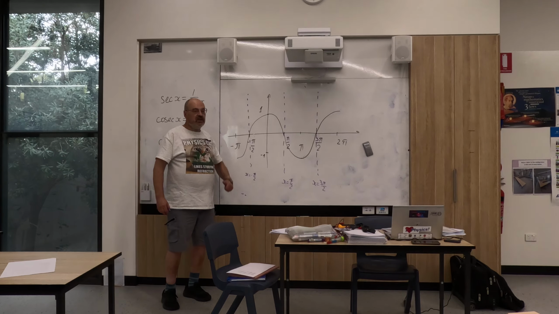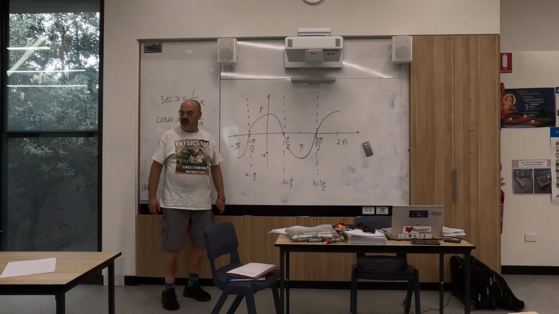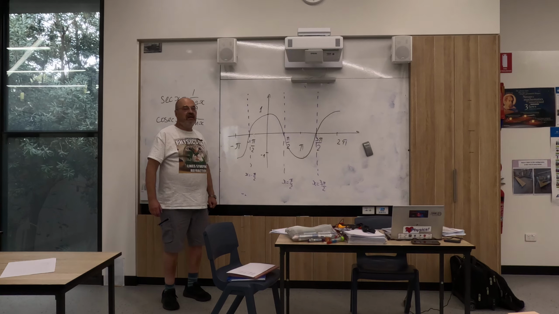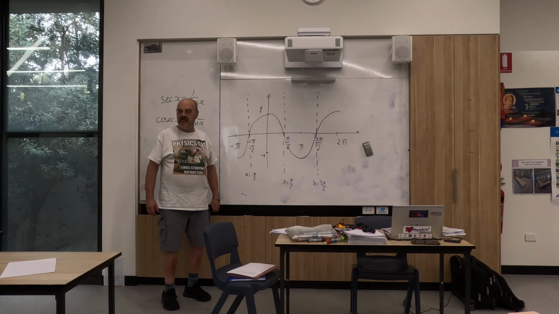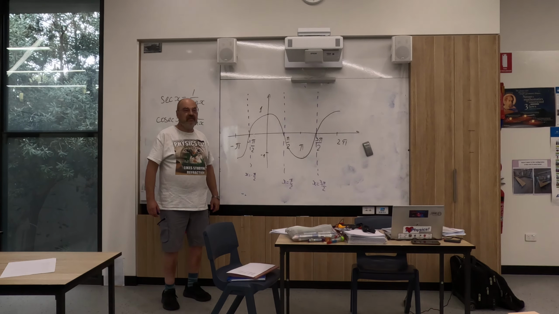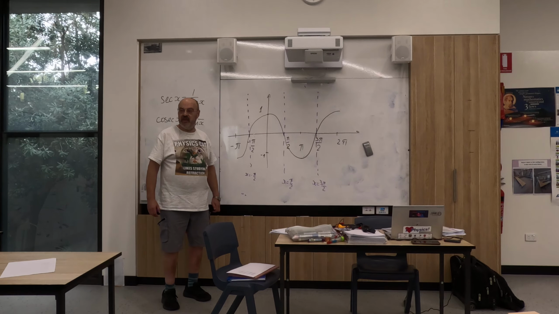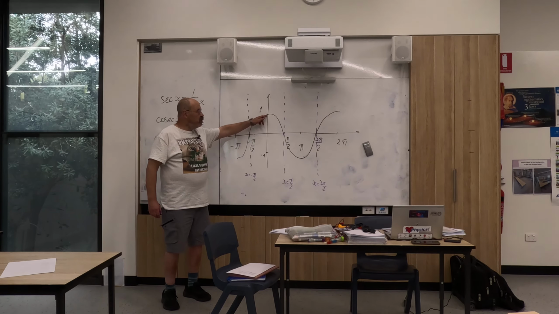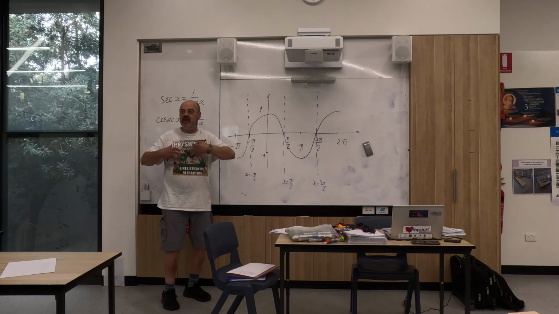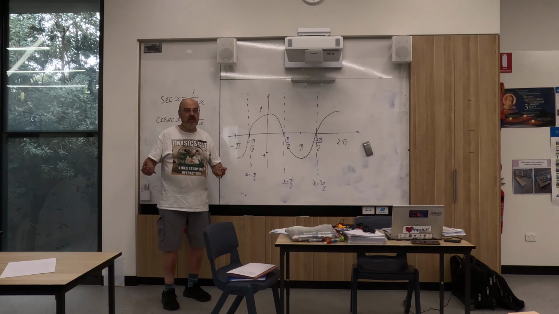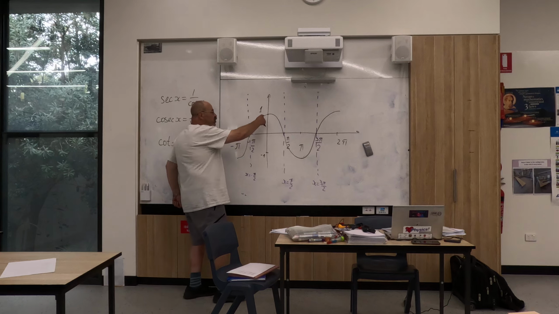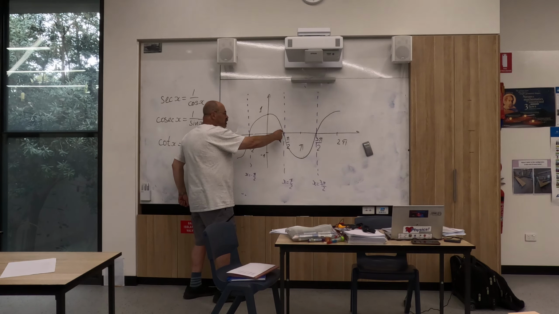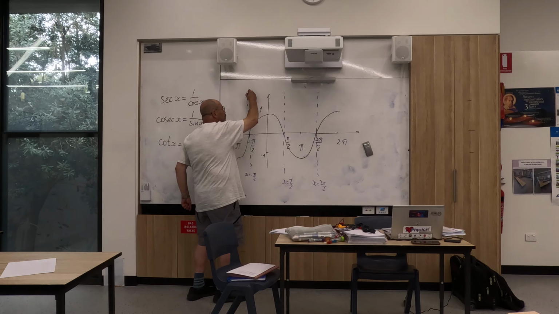Now, where the original function has a maximum, what will the reciprocal have? A minimum. When this has a maximum, this will be a minimum, because when we divide by the biggest number, we get the smallest number. And when the original is approaching 0, the reciprocal will be approaching infinity.